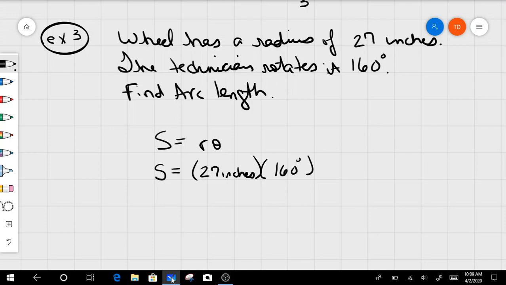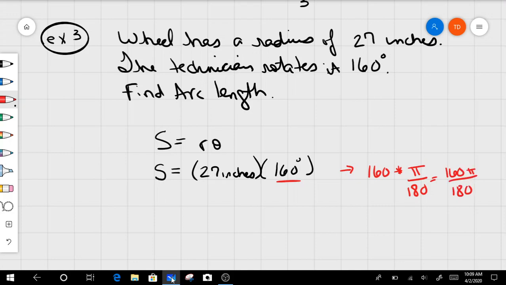But we said in the beginning that theta has to be in terms of radians. So we're just going to come right out here to the side and take 160 degrees and convert it into radians by multiplying by pi over 180, which is 160 pi over 180.